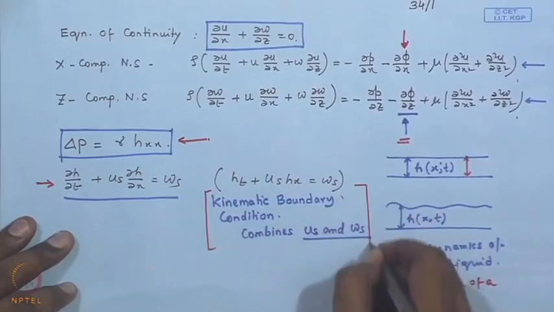If you are still confused, I request you to watch that video once more, so that you get an insight into the kinematic boundary condition. So, these are the 5 governing equations, based on which we would like to investigate mathematically the criteria for how a free surface of a thin liquid film behaves. This is how we started off.